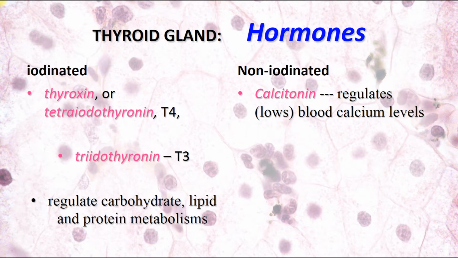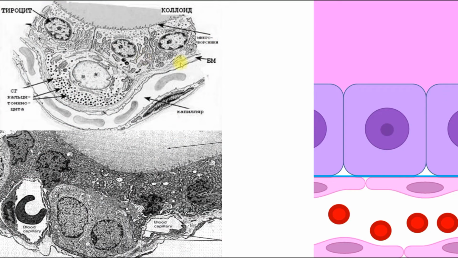They increase body temperature, arterial pressure, and heart rate, so they activate the activity of our organism, and they regulate vital functions of our organism. And iodinated hormones are produced by thyrocytes, the typical main cells of the thyroid gland. Here we can see thyrocytes.